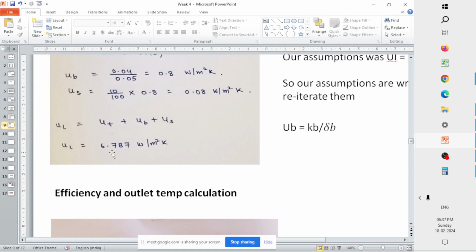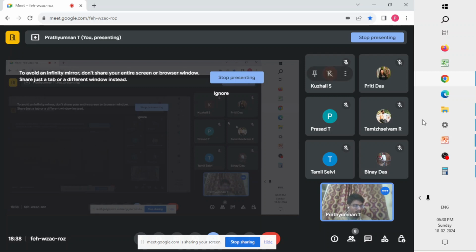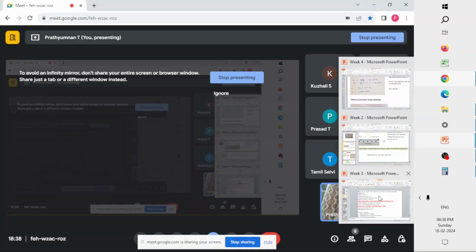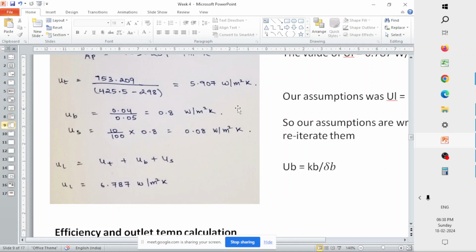You can see that our assumption for the UL was 4, and what we have got here is 6.787. So you can see the difference in the value of the loss coefficient. This tells us that the assumptions we took for UL as well as for TC1 and TC2 are not that correct.